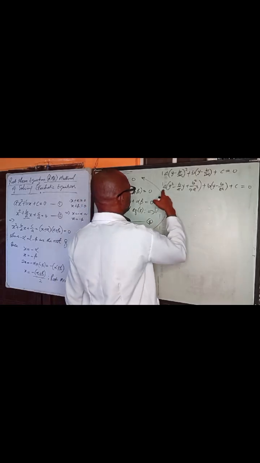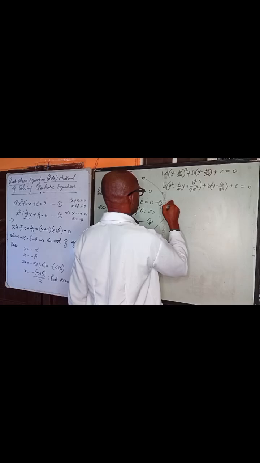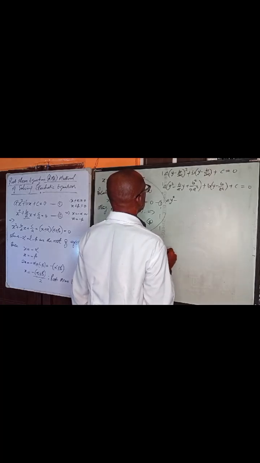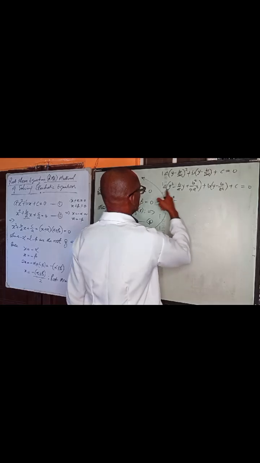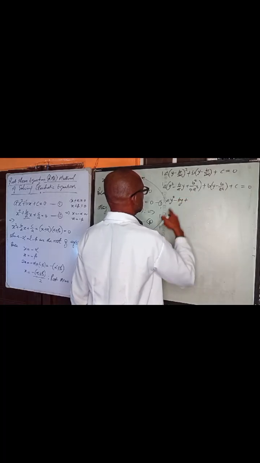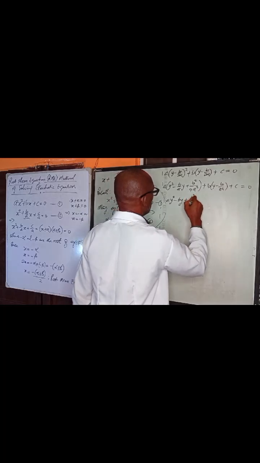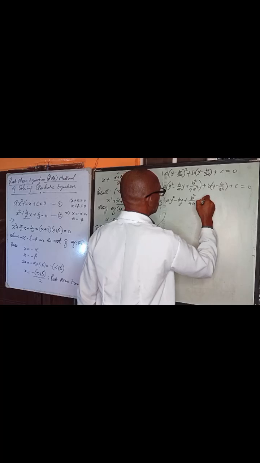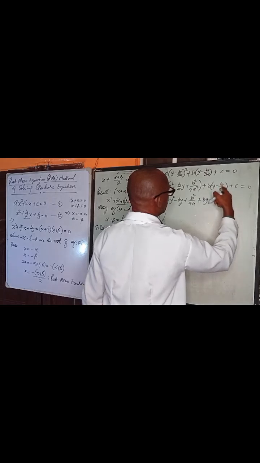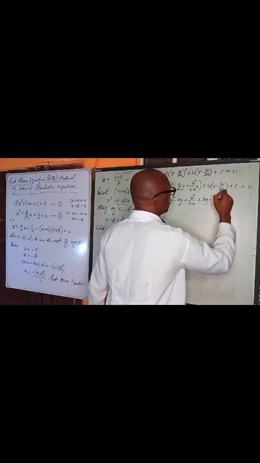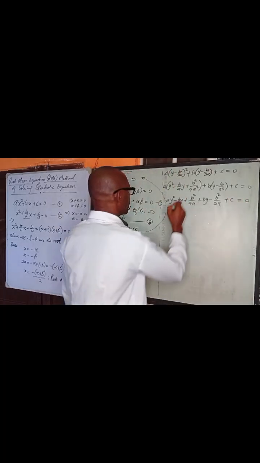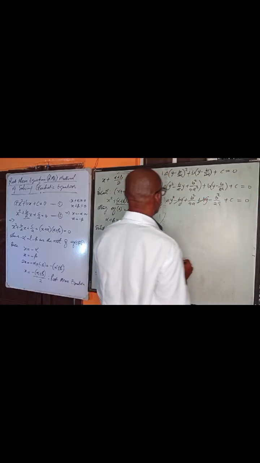Now, if I open up the bracket, I have ay squared minus by, where we cancel the a, plus b squared over 4a, plus by minus b squared over 2a, plus c equals 0. The by terms cancel.